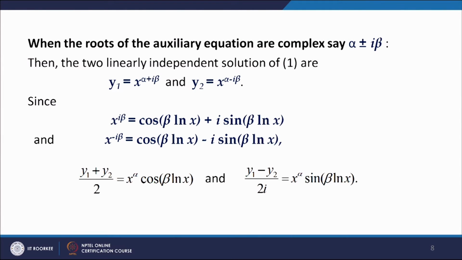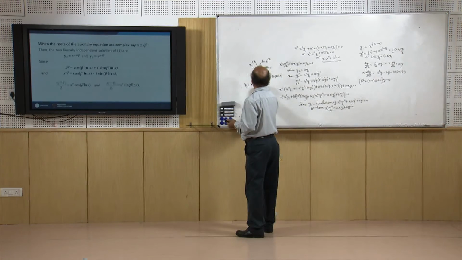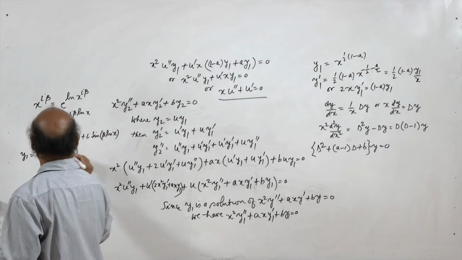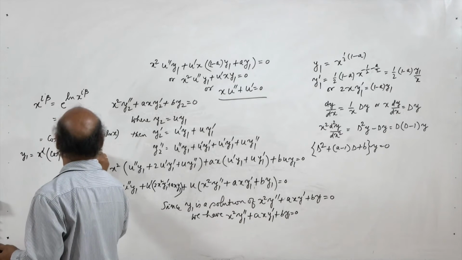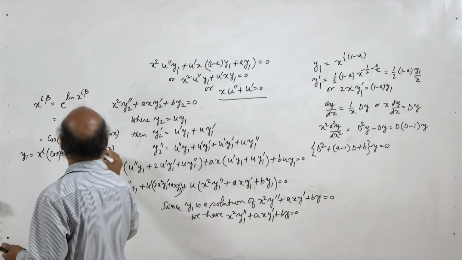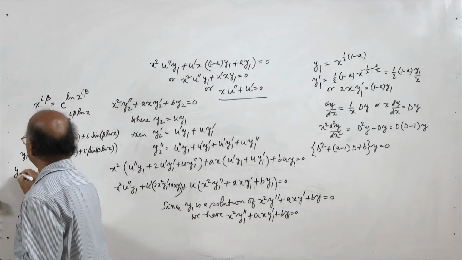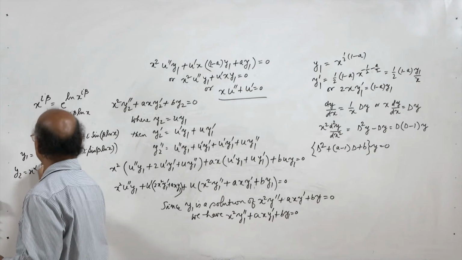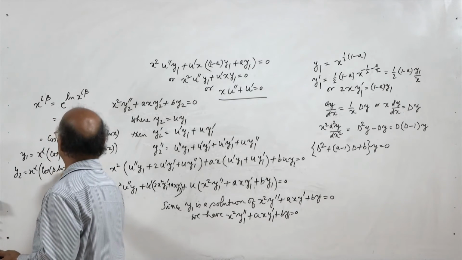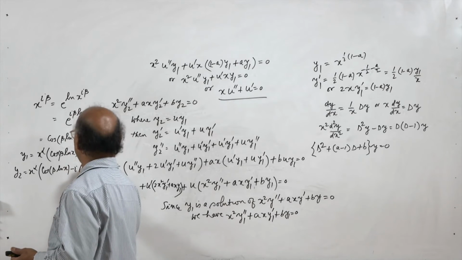And now y1 is equal to x to the power alpha times cos beta ln x plus i sin beta ln x, and y2 is x to the power alpha times cos beta ln x minus i sin beta ln x.